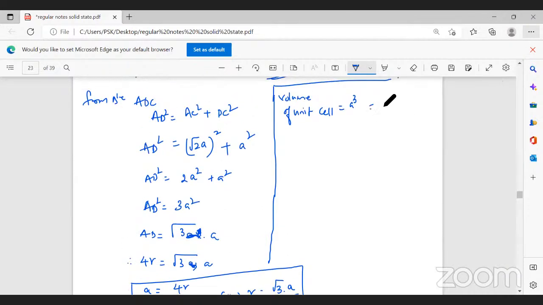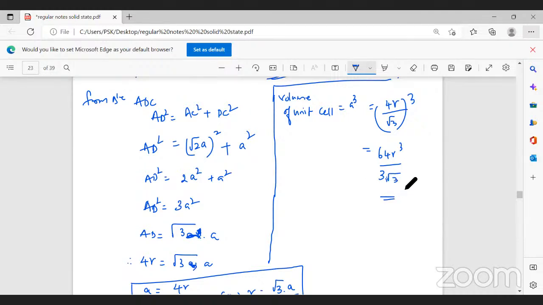So that will be 4R by root 3 the whole cube, which is 64R cube by 3 root 3, right?